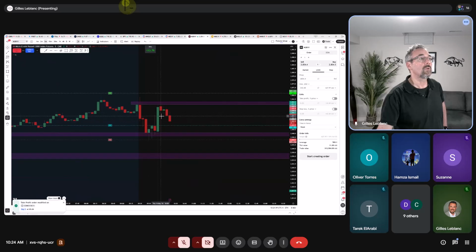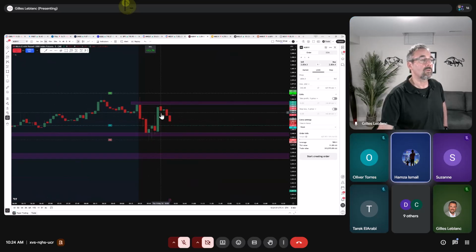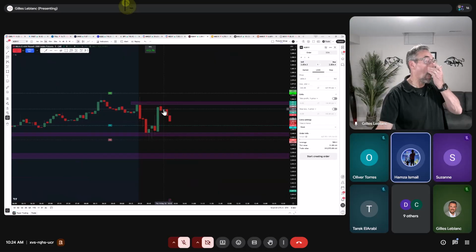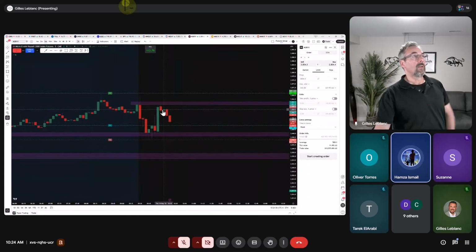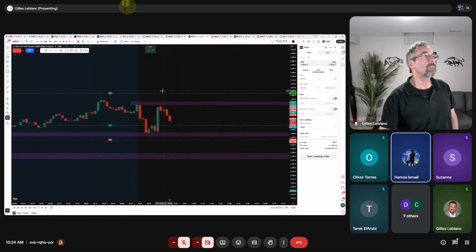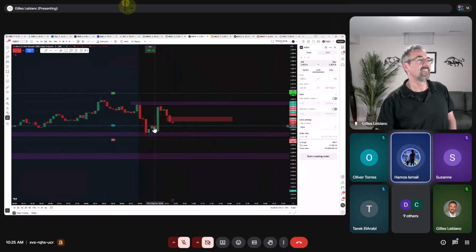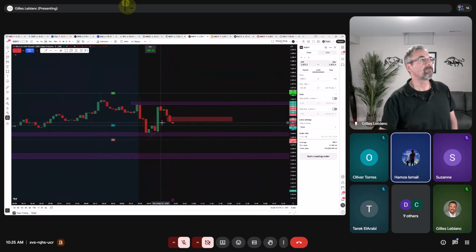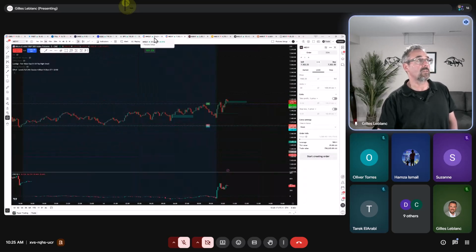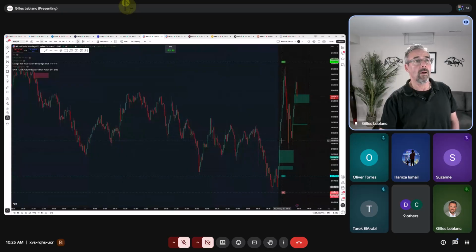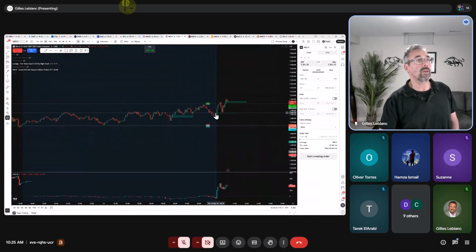There you go. So there's a lot more trappy behavior in the MES and the MNQ when it comes to shorting anyway. Yeah. But I'm still trying to figure it out. Yeah, aren't we all? If there's a way to go short that makes sense, because with MES, the shorts seem to be a lot harder. Especially right now, with the market conditions we're in, it's a very, very bullish market.